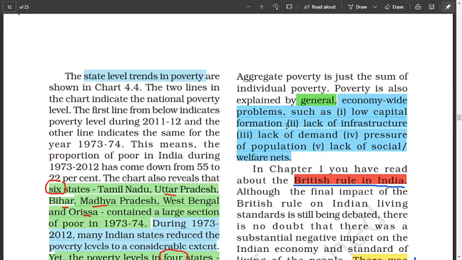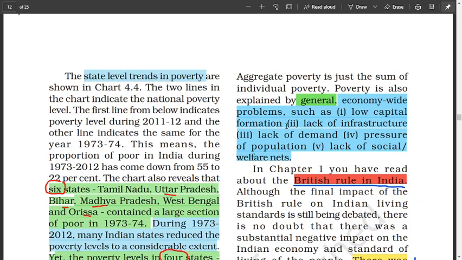It's not that no one invests, but only those who have the means, the income, the power, they invest. Even the government still cannot invest as much as required. So that's why there is low capital formation.